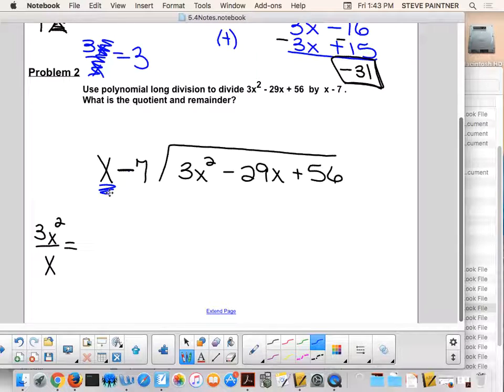Right now you have probably the first term on top. We have on top, right? 3x. Good. Three x times x is 3x squared.